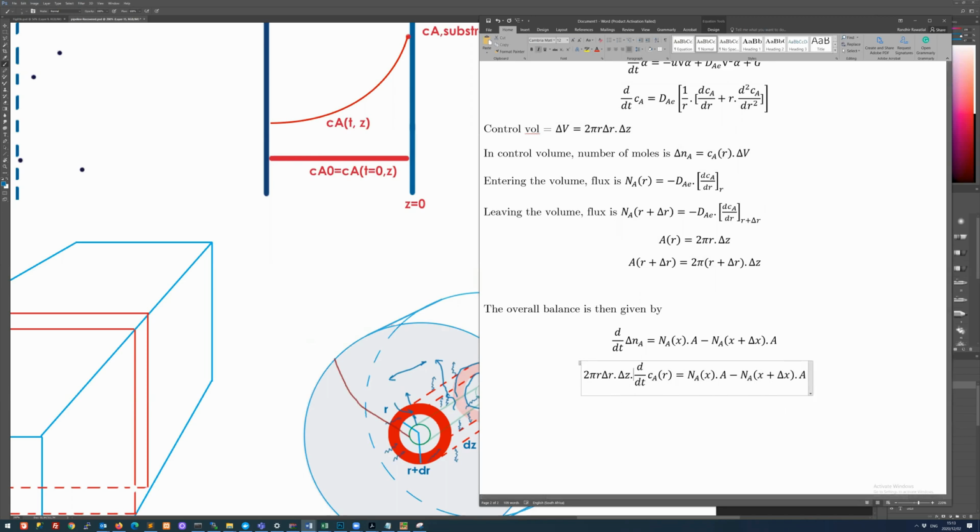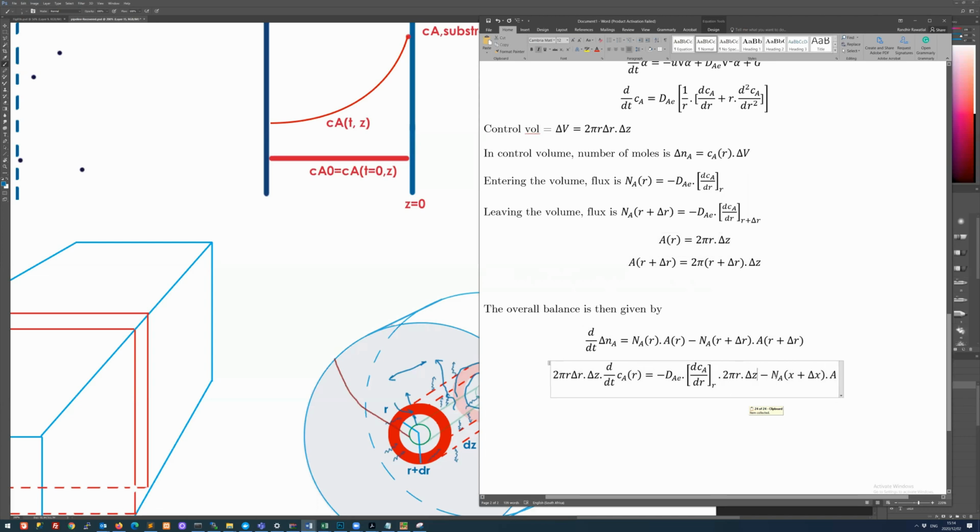And then our NA, and sorry, I should have said here at R instead of X. So that's NA at R. This is the flux at R, and then the area at position R is this.